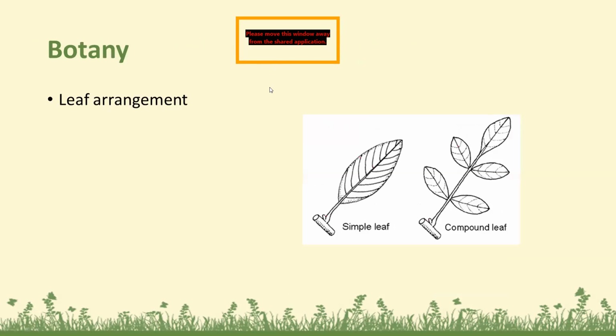And then, outside of that, thinking of trees based on their arrangement, whether a leaf is simple or compound. If you look at this example on the left here, that is a simple leaf.